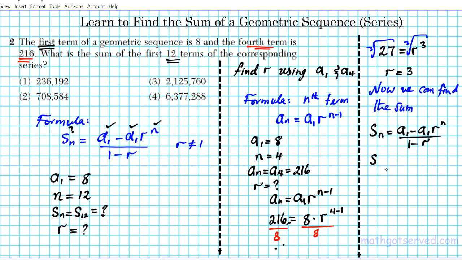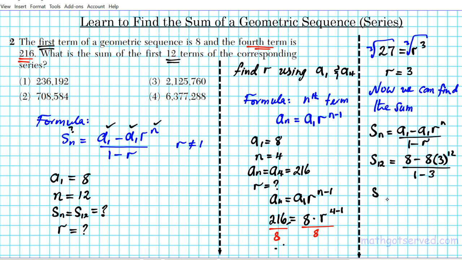So S of n, the sum of the first 12 terms, is equal to a1, which is 8, minus a1 again, 8, times the common ratio, which is 3, raised to the 12th power, divided by 1 minus 3. You can basically use your calculator to do this calculation.